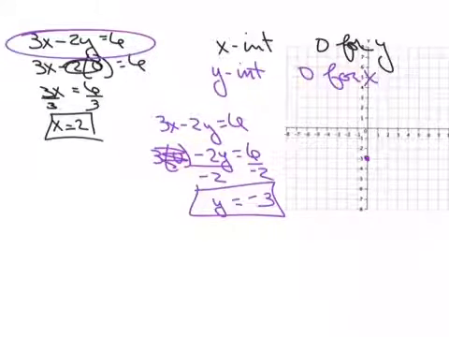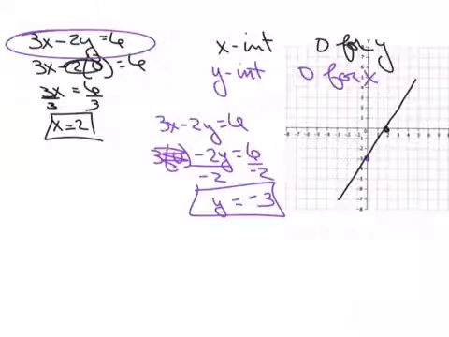So for this equation, what did we say? Our y equals negative 3. We also said that our x equals 2. Now, look real nice and fancy. We have 2 points. We can draw a straight line. Remember, we have to have 3, but if we're only looking for 2, if we plug a 0 in for x and a 0 in for y and graph it, that's what we get.